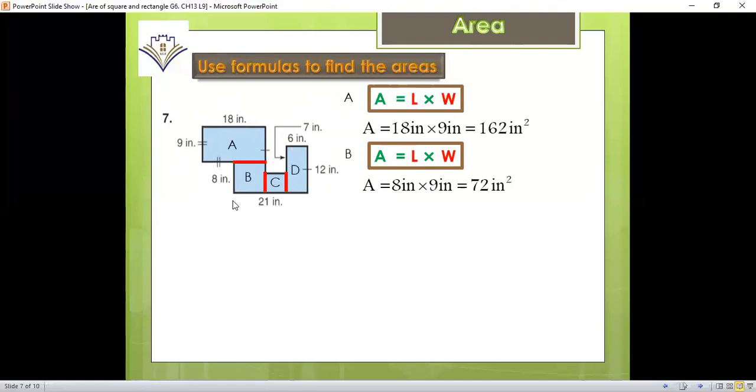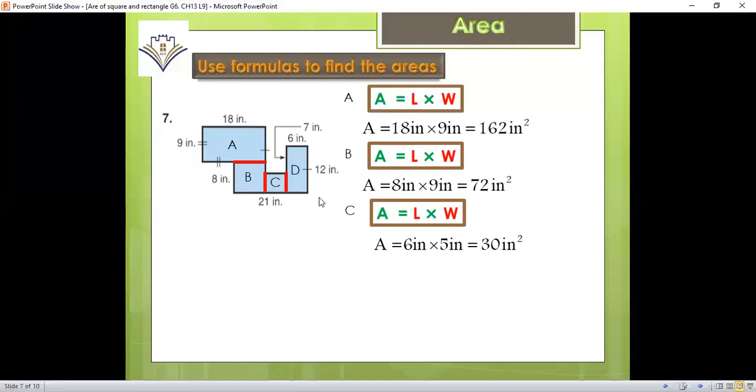Again, then 21 minus 15 is equal to 6. Okay? Then this point is here 5 and this line is 6. Then 6 multiply 5 equals 30.